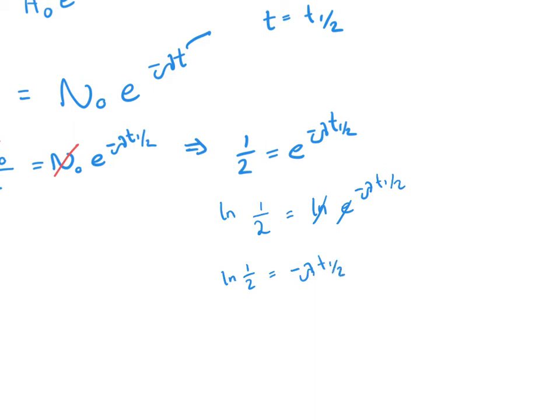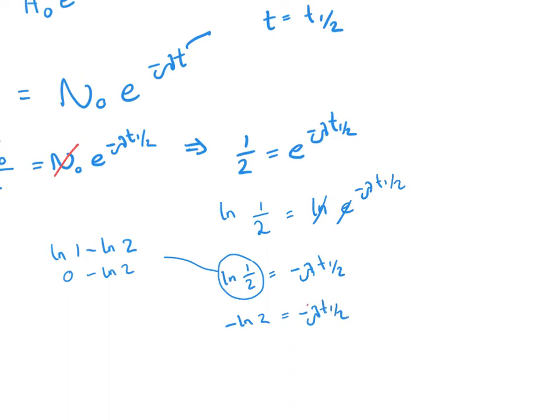Once again, you do need to know this, but in this case you can find the rules of logarithms when you're multiplying or dividing. Based on those rules, this means ln of 1 minus ln of 2. If you put it in your calculator, ln of 1 is 0, so we're left with minus ln of 2 is equal to minus lambda t half.